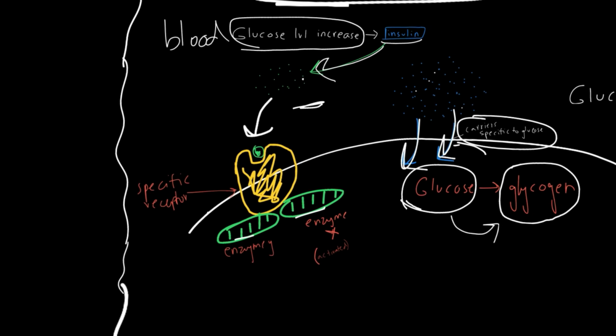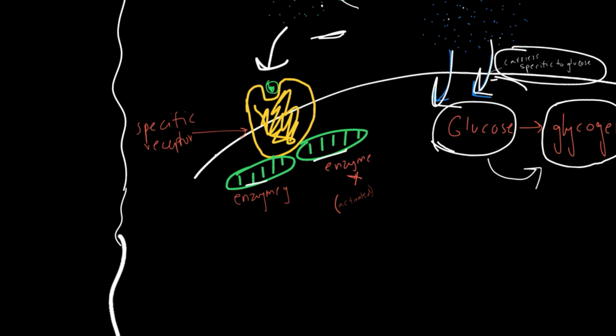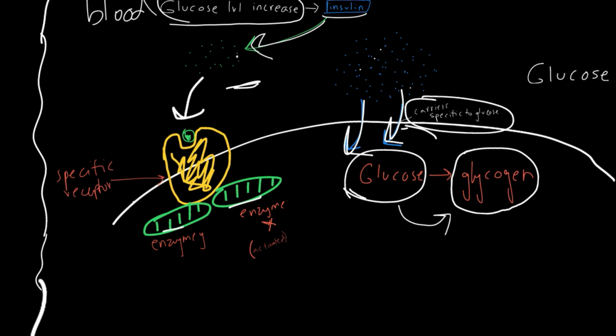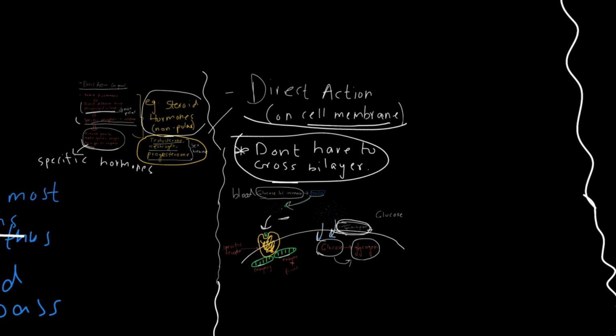So for example, insulin is released, it activates an enzyme, it helps the carriers specific only to glucose to open up. The glucose comes inside and it is transformed into glycogen, and then transformed back when the need for glucose arises. So we've done the examples.